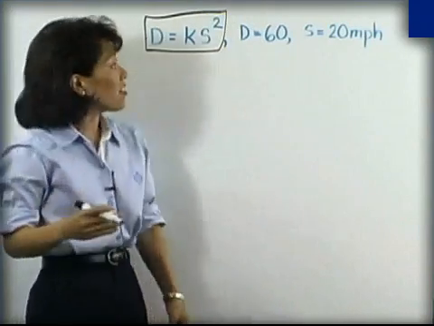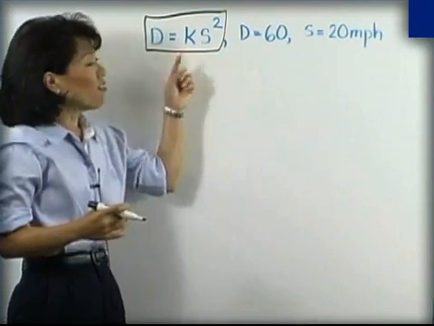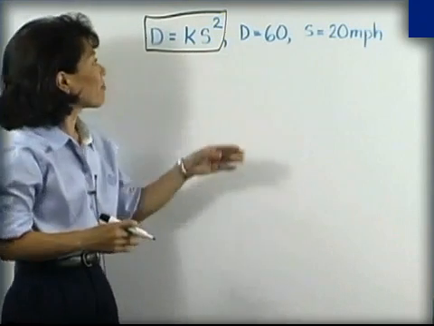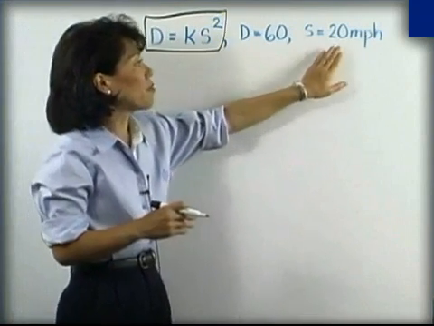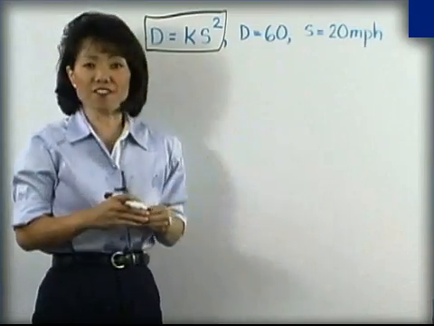Now, just as we did in the first problem, we need to solve for our constant of variation, k. We know that distance is 60 when the speed is 20 miles per hour. 60 meaning 60 feet.